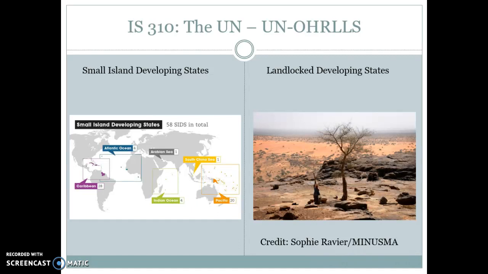They have particular disadvantages, so the UN office on these countries does particular work for them. The poorest of the poor are called least developed countries, or LDCs. These might more be the states you're thinking of, and I think of, when you say developing states, instead of China, India, and Indonesia, or Mexico or Brazil, which have really powerful economies. But they're the ones who get particular kinds of aid.